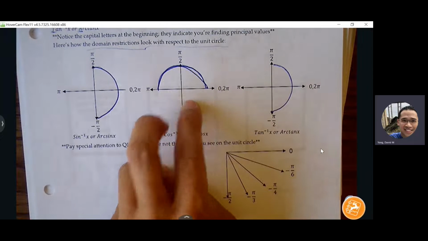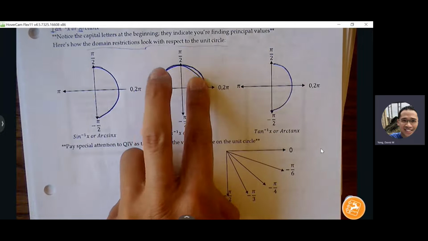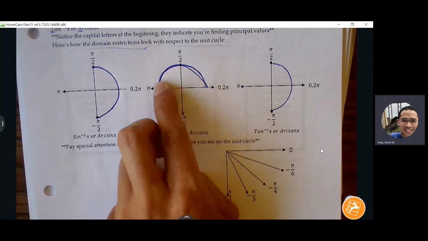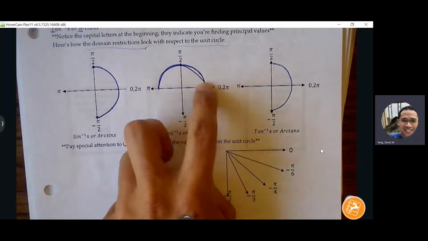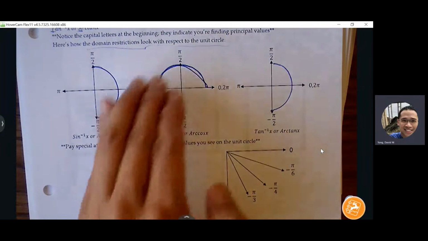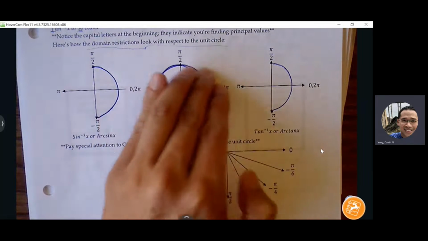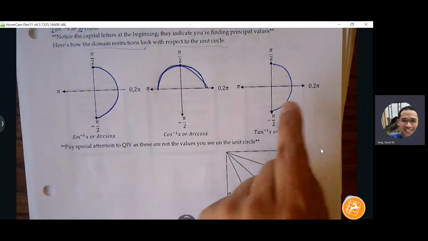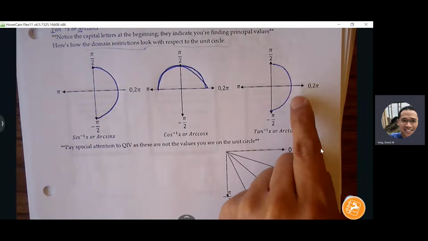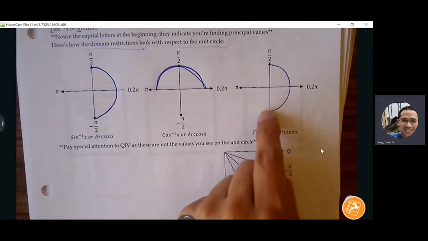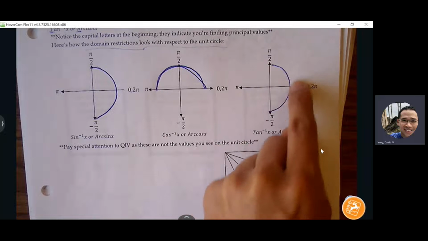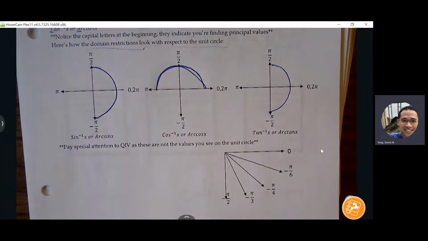Cosine is positive in the first and negative in the second quadrant, and that way the spectrum of all the values we're looking for is covered in these two regions. And tangent is positive in the first, negative in the fourth, and so these two regions will ensure all the positive and negative spectrum of values are covered.